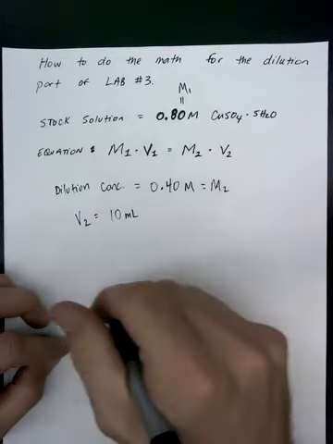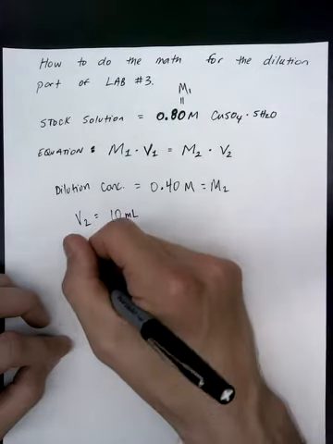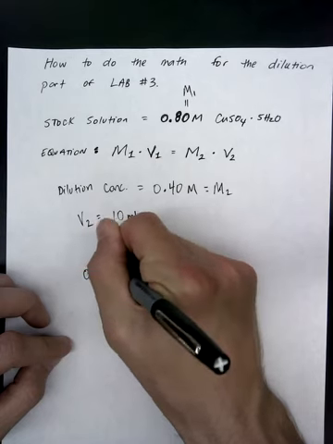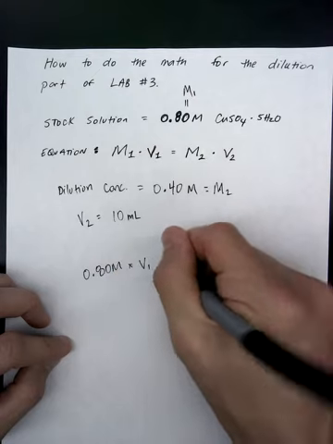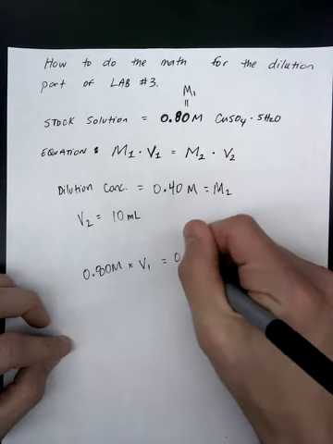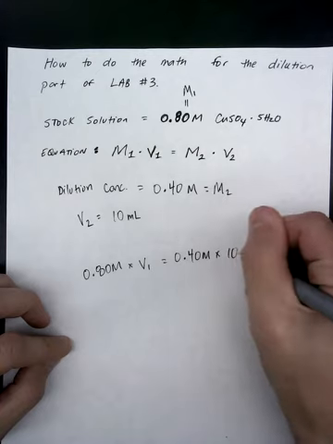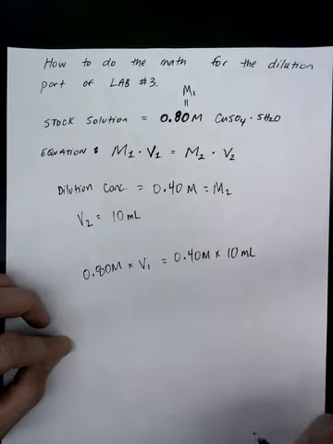So here's how it works. I've identified M1, M2, and V2, so the only unknown is V1. I'm going to plug these into the equation. So 0.8 molar, again my M1, times V1, which I don't know just yet, equals M2, my dilution concentration that I want, times my final volume of 10 milliliters. So there's the setup.